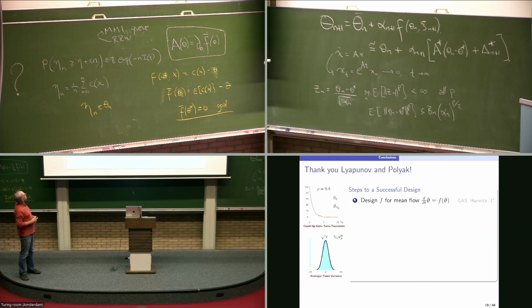So yeah, just in conclusion, I will always be grateful to Lyapunov and Polyak. Step one, design the dynamics. Step two, if I were you, I'd stick to rho bigger than a half for the bias issues I talked about. But you don't have to. But no rho equals zero.